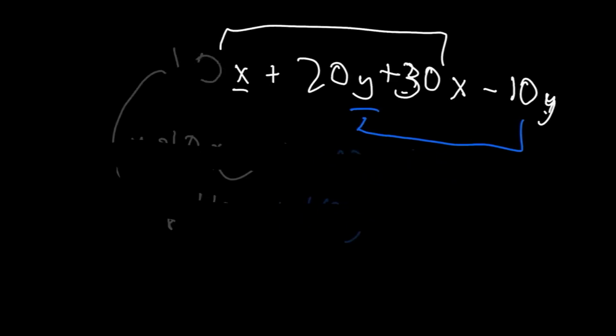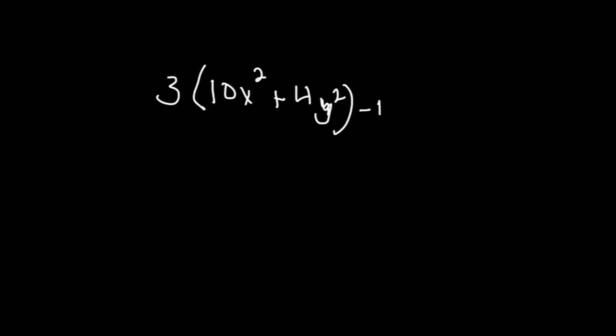So I'm going to do one more example. This is going to be 3 times the quantity 10x squared plus 4y squared, minus 15x squared plus y squared plus 5x.